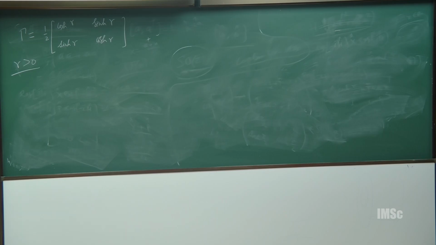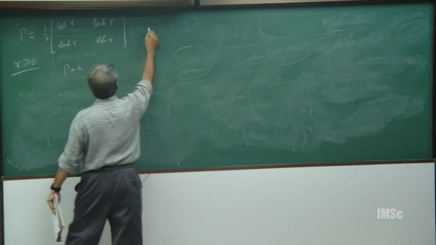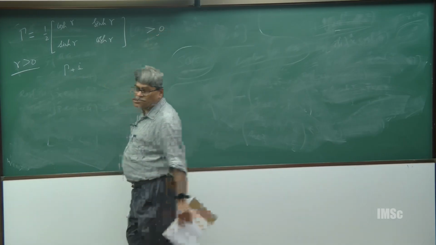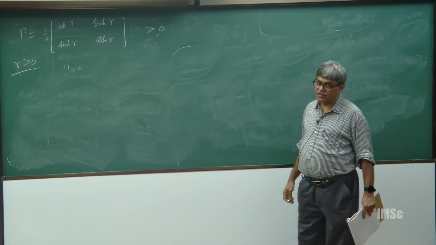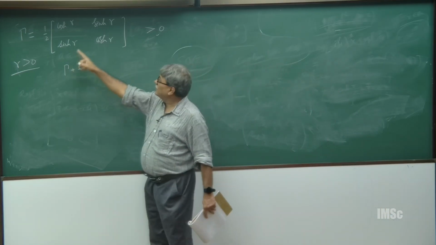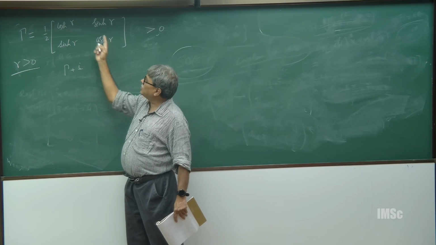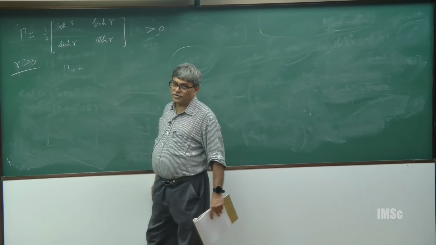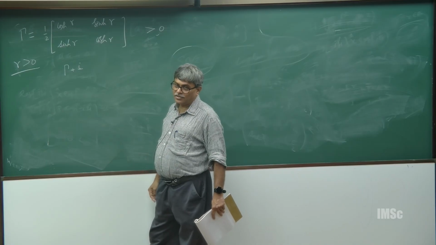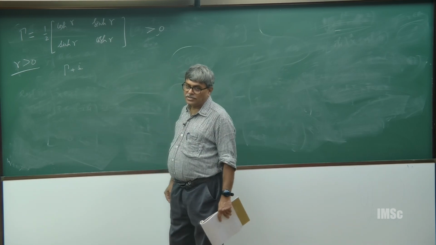Now, if I look at this, of course, this is a positive definite matrix. Do you agree with me? For r positive, cosine hyperbolic is positive, and the determinant of this is 1/4, right?